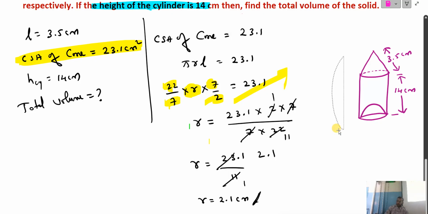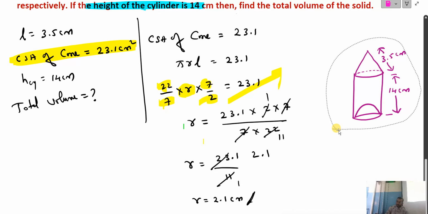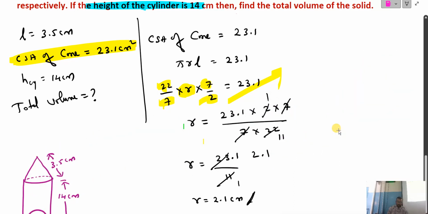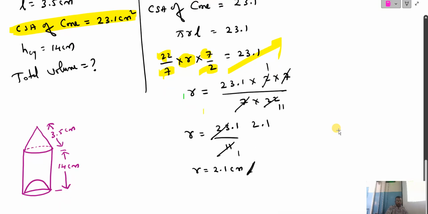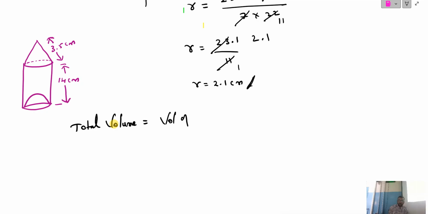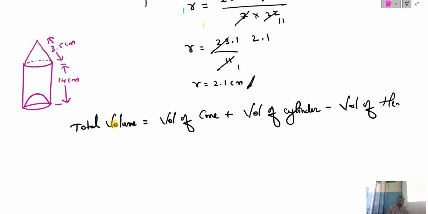So let me copy down this diagram here, because we need this diagram to find the value. Now we can write the total volume is equal to volume of cone plus volume of cylinder minus volume of hemisphere.